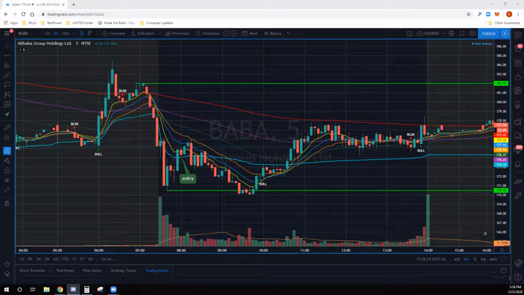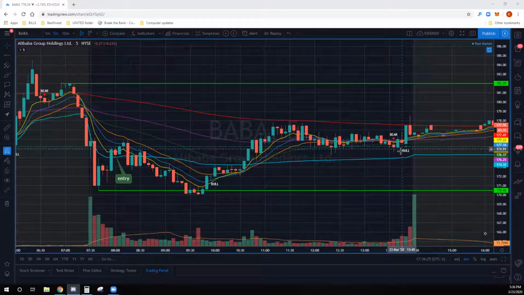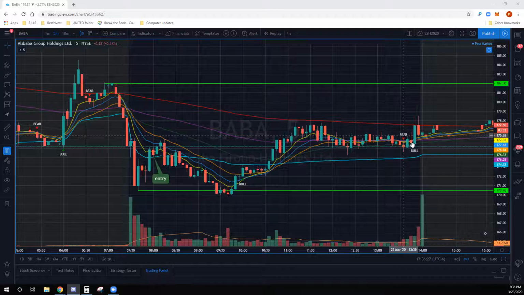So I'll look through these chat questions. It says, how do you get the bull and bear indicator on the charts? So we're looking at my charting. This bull bear indicator is a script that I purchased 3 years ago, and the person who locked down the script is no longer available. So the script is basically lost.